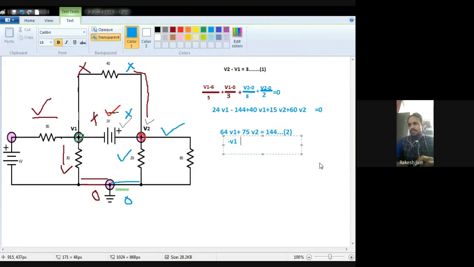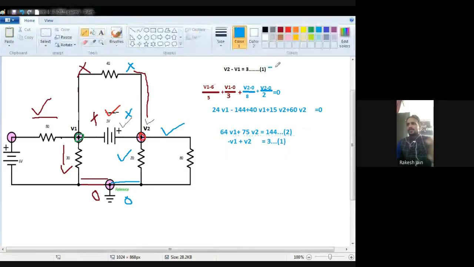So I write here once again, it is actually minus V1 plus V2, and that will be equal to 3. This is your equation number 1. I write down this equation number 1 as it is, by considering V1 as my first element and V2 as my second element. So minus V1 plus V2.